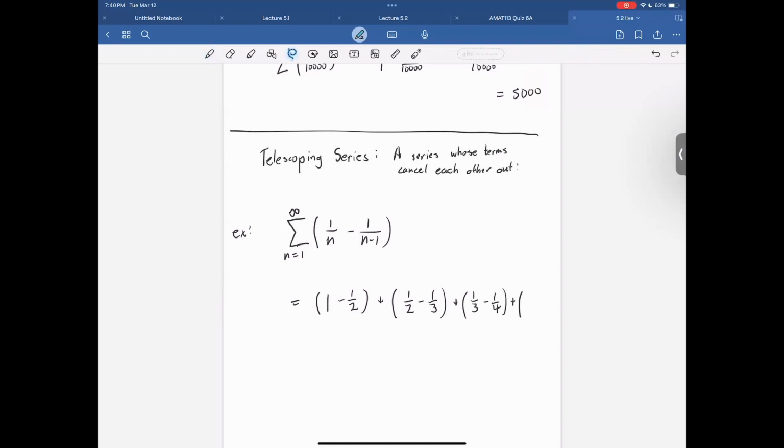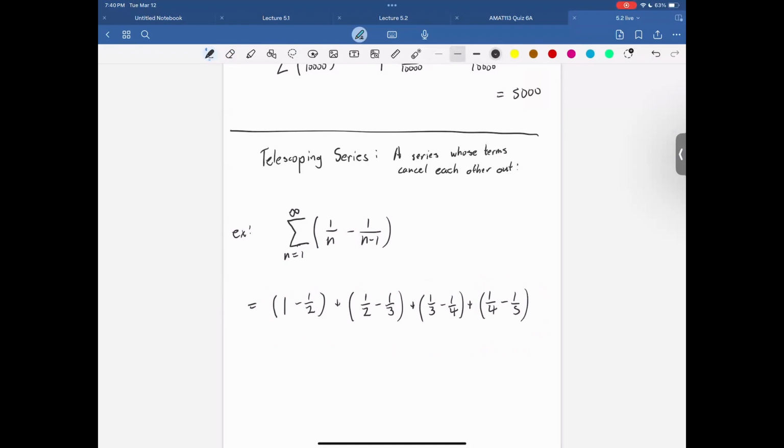We'll draw one more term out just to make sure that everything's good. So our next term is 1/4 minus a fifth, and so on. But now this looks gnarly. There's a lot of fractions happening here.